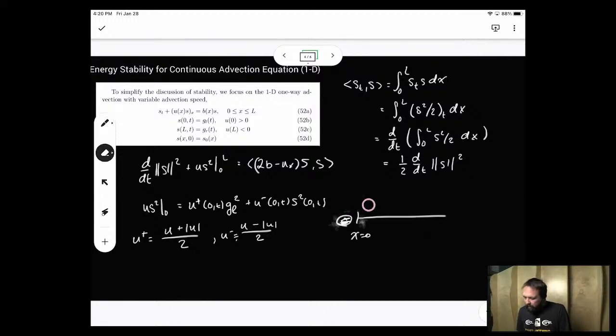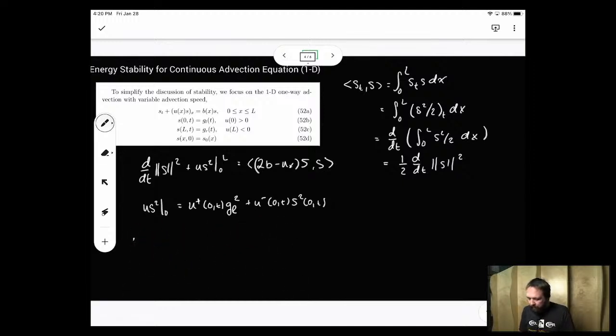So we can do the same thing on the right-hand side of the domain. Over at x equals L, it'll look similar but not the same, right? So we've got u s squared at L equal to u plus at L at t. And now we're on the other side of the domain. So here's x equals L. On the right-hand side of that boundary, we've got GR. And over here, we've got S at L and t.